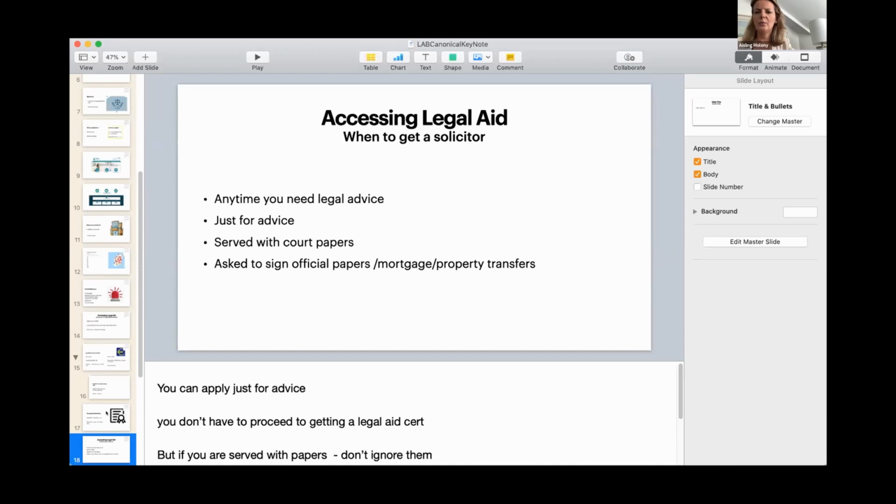Do you have the same person throughout the case? If you come to a solicitor in a law centre and you're assigned, then yes, in theory, that would be your solicitor throughout the lifespan of the case.